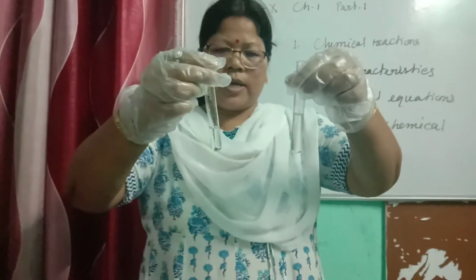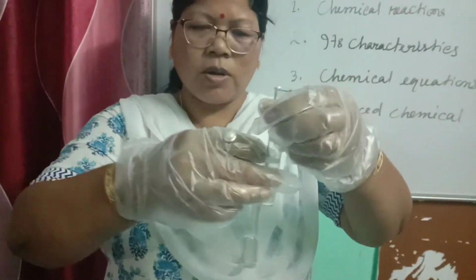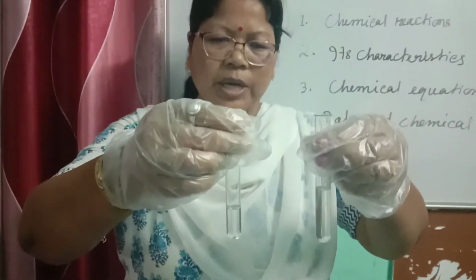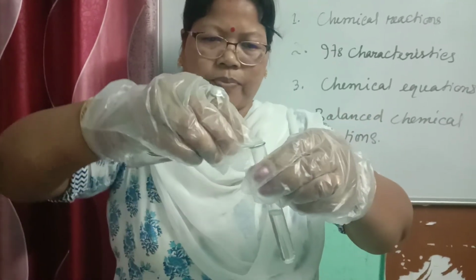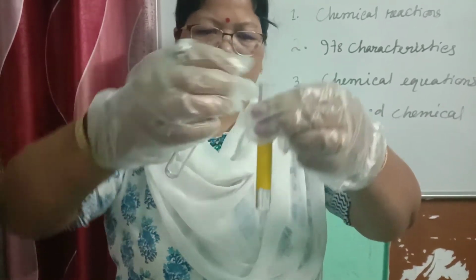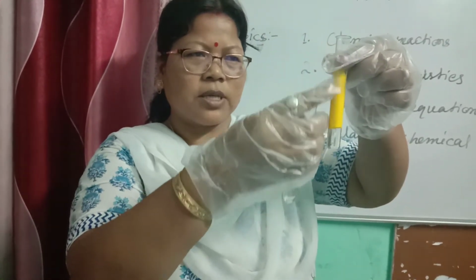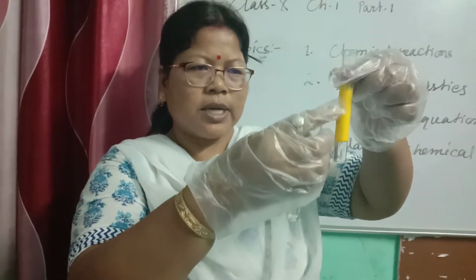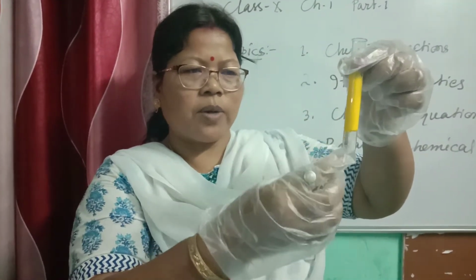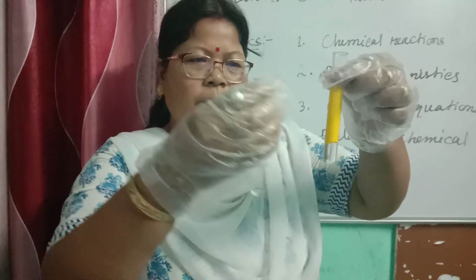You can take equal proportions also. After that, if you mix both of them, then you see a colored solution and an insoluble substance, that means a solid substance, formed in the aqueous solution. What happened in this reaction?